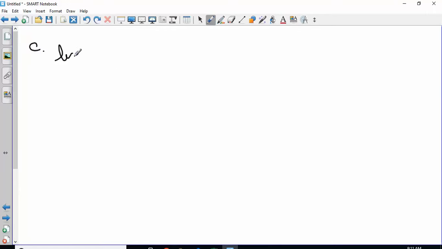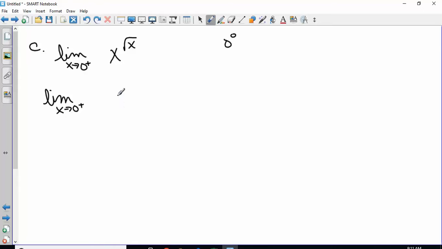C. And with the limit as x approaches 0 from the right of x to the x, so this is currently 0 to the 0 power, which we cannot simplify. We're trying to get 0 over 0 or infinity over infinity. There's no way to easily write this as a fraction. So if you remember, what we did was we added a log to this.